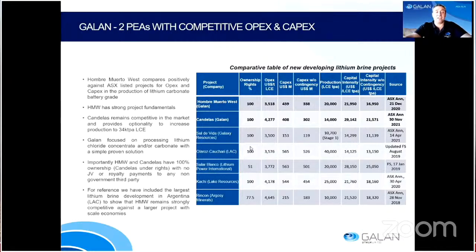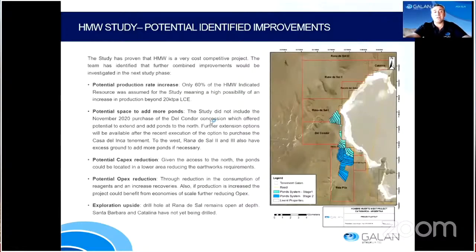And this is what we're moving very quickly on at Hombre Muerto West. So we learned that we can reduce our OPEX, we can reduce our CAPEX, we can potentially increase our production rate, and we can compensate for all of this because we haven't explored all the areas. There's an exploration upside. We are doing further geophysical work across the whole of Hombre Muerto West, and we're digesting some of this information for the time being.